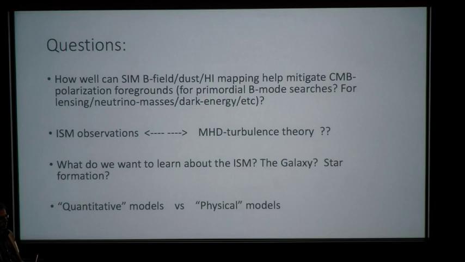So it's interesting in terms of this E and B ratio that MHD turbulence theory with pretty reasonable alpha and Mach numbers can explain this E and B ratio and other parameters without any problem.